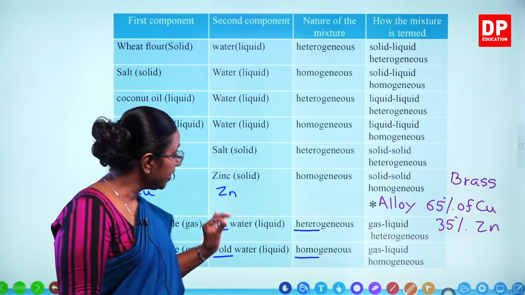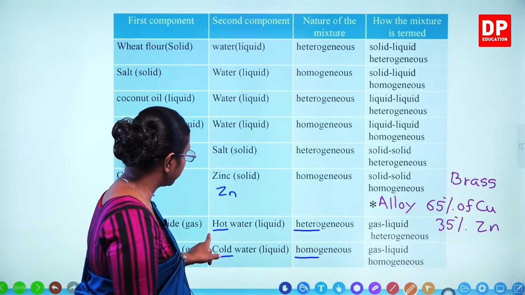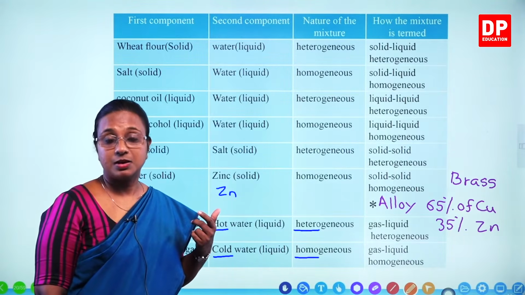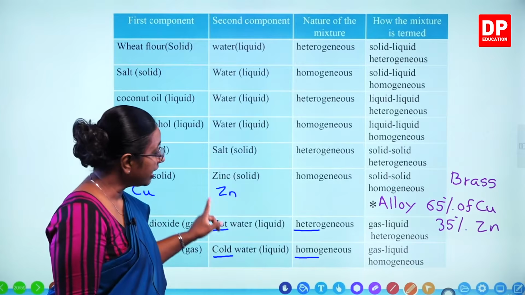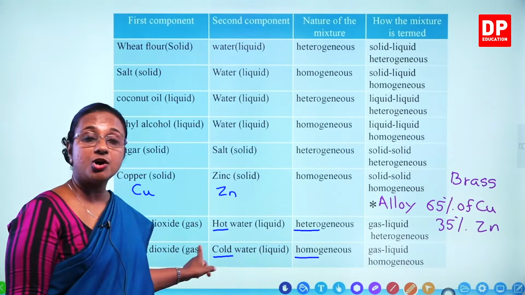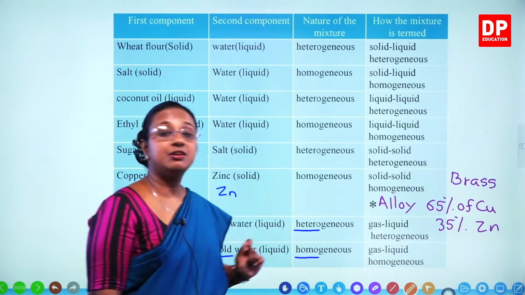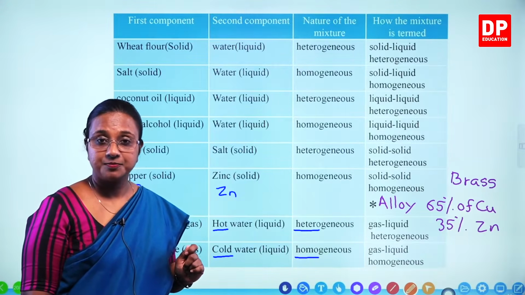Because at high temperature with hot water, you can observe the gas bubbles clearly and you can differentiate the carbon dioxide gas from water, we call it a heterogeneous mixture.